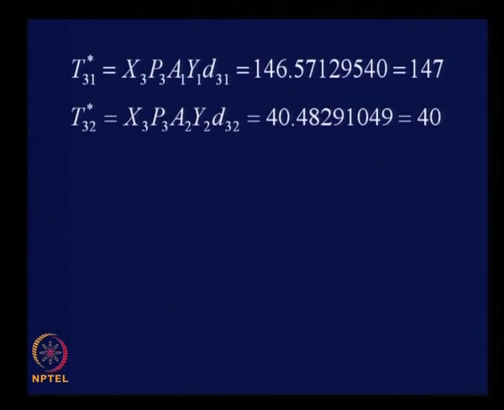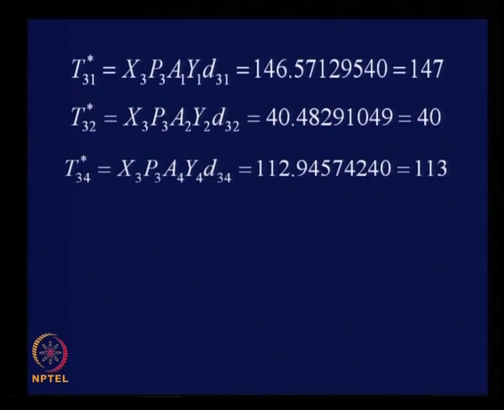T32, in fact it is T star 32 because it is the model simulated value, to differentiate between Tij and T star ij, and we get 40.48 and we just simply round it off to 40, right. You may ask me why not 41. You must take an overview, look at the other numbers and check whether our rounding off procedure in this case is right or wrong.